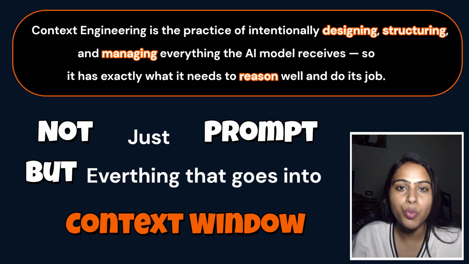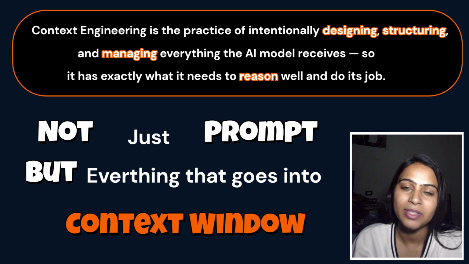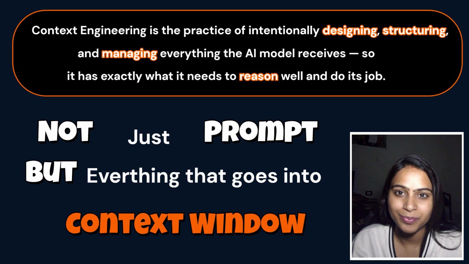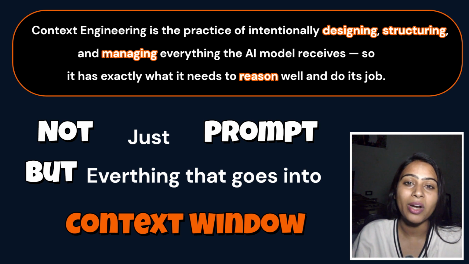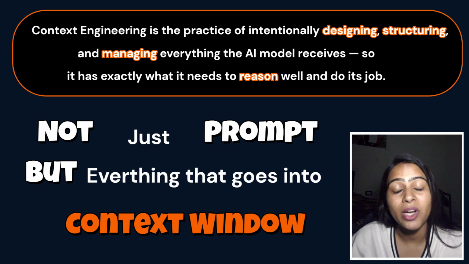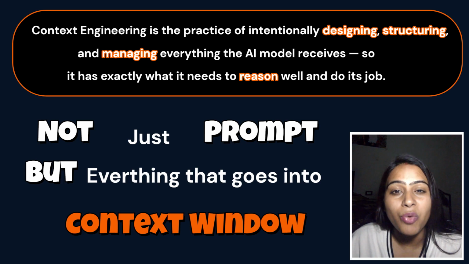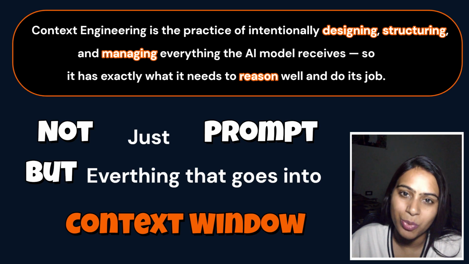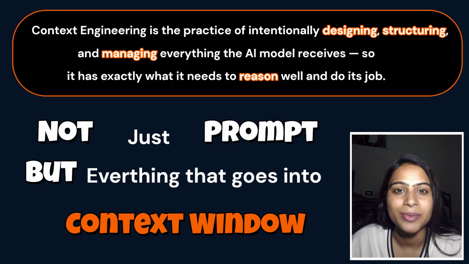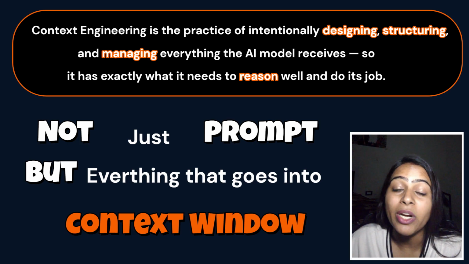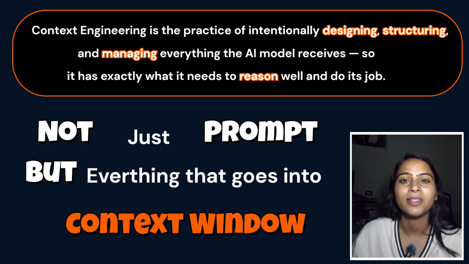Imagine you hired a new PM, top of their field, incredibly sharp. On day one, you drop a task and walk away. No company context, no background on the user problem, no access to the data they needed, no idea what format you need the output in, and no clarity on what even good looks like.